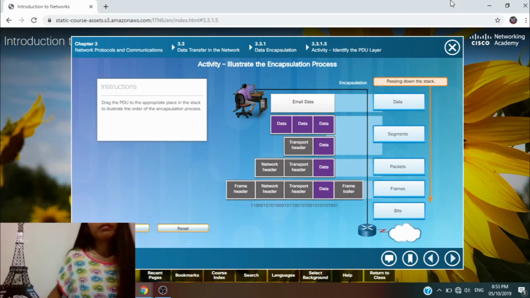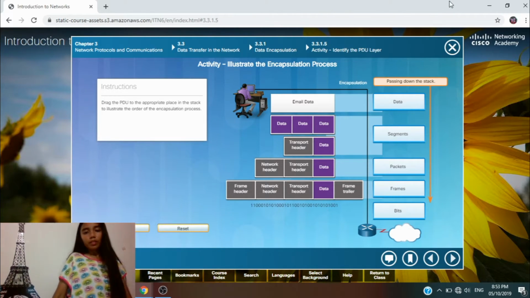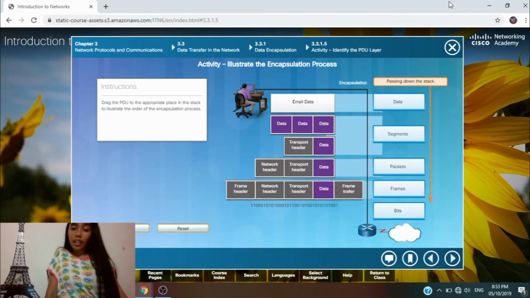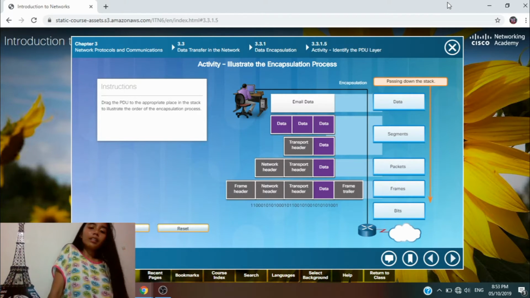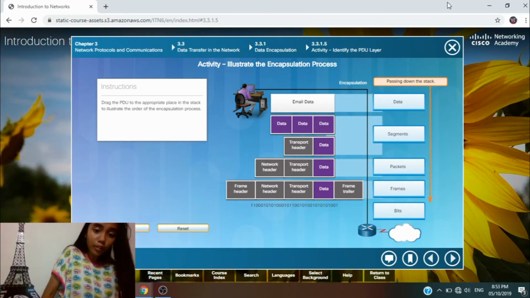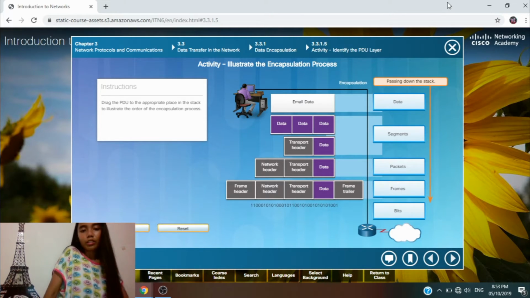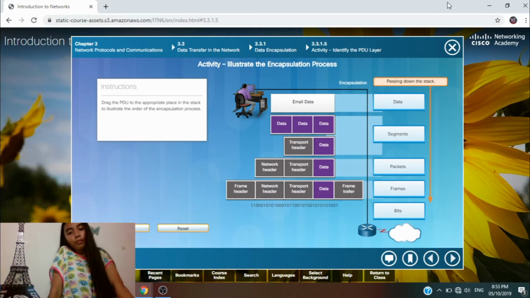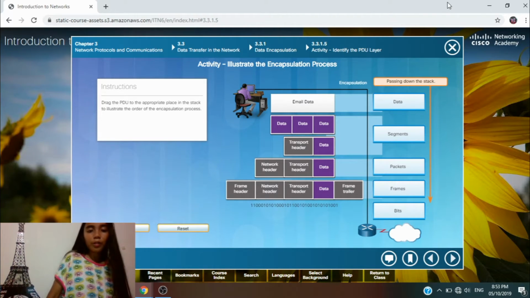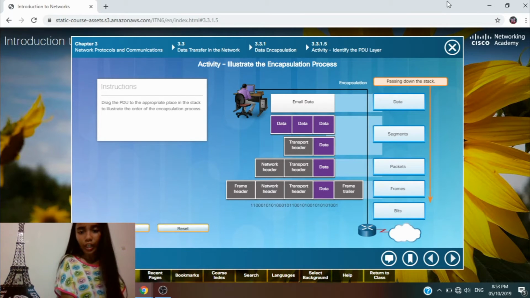For the data, we have the email data. For the segment, it handles data and transport header. For the packets, we have also the data, the transport header, and the network header. For the frames, we have the keyword, frame header, network header, transport header, data, and the frame trailer.